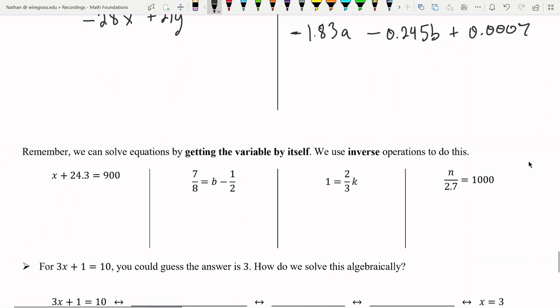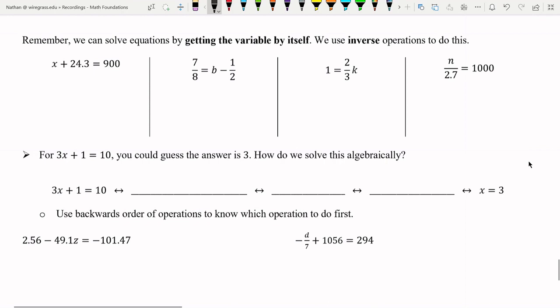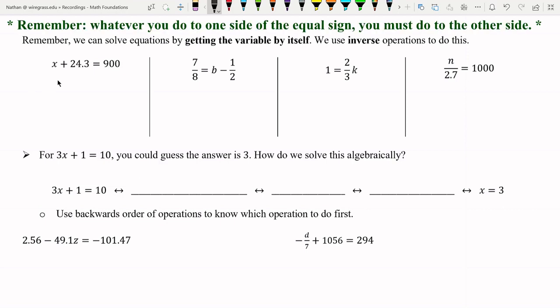Now, we've already talked about solving equations, but remember, to solve equations, you get the variable by itself, and you always use the inverse operation to do it. Here I have x. I'm adding on to that 24.3. So to get x by itself, I need to subtract 24.3.